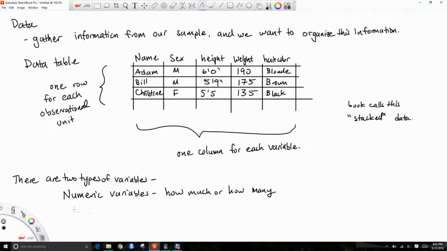And we have categorical variables, and this tells us what type or what kind.